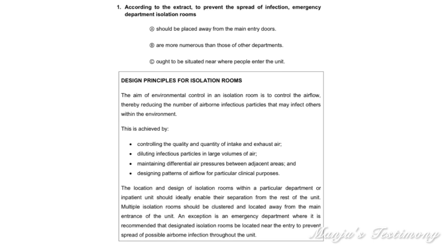So when it comes to the isolation room of the emergency department, it should be located near the entry to the emergency room. Why is it being kept like that? Because if the isolation room is kept somewhere in the unit, there will be a chance of spreading the infection throughout the emergency department. So it's always better to keep it at the entry, at the opening side, or the entry door of the isolation room.